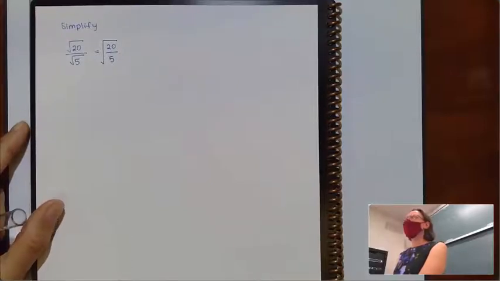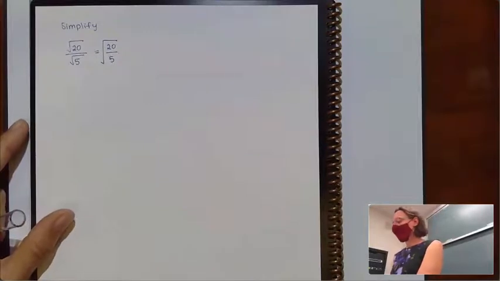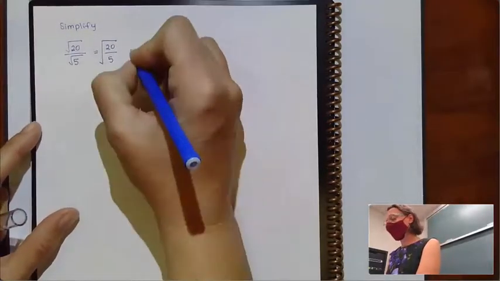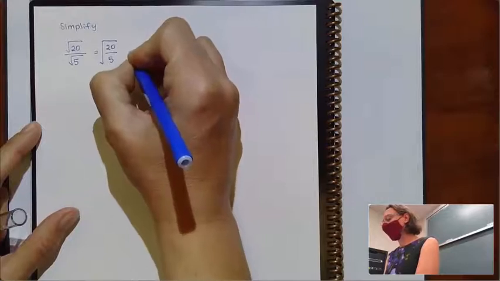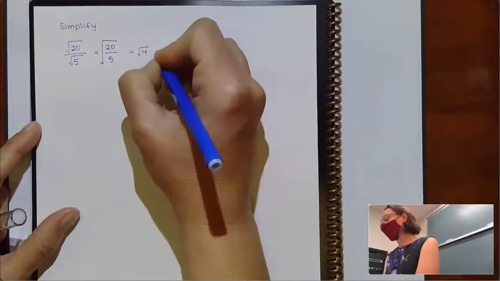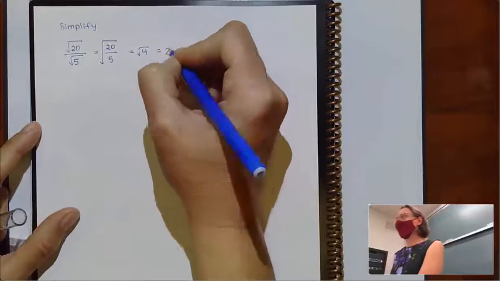And if I've put all of that inside of one square root, 20 divided by 5, last time I checked, was 4, which means this is the square root of 4, which means the answer would be 2.